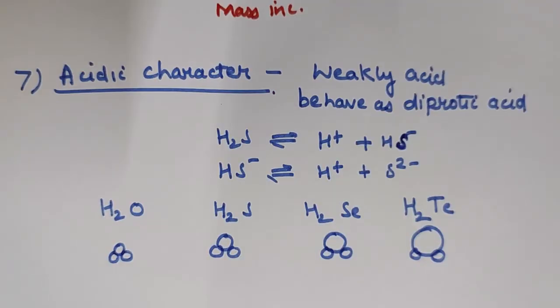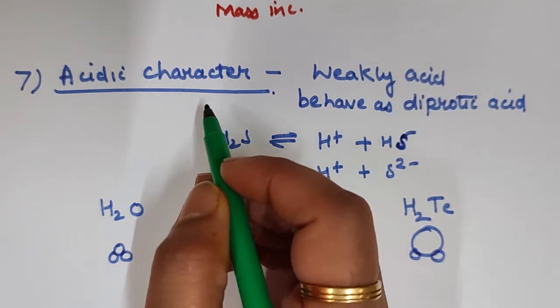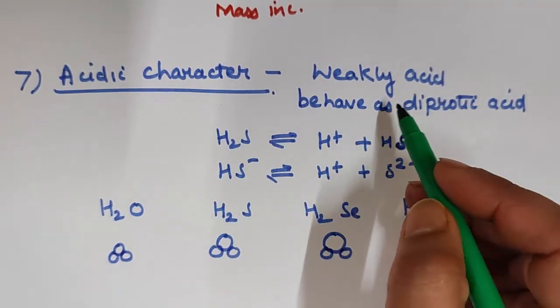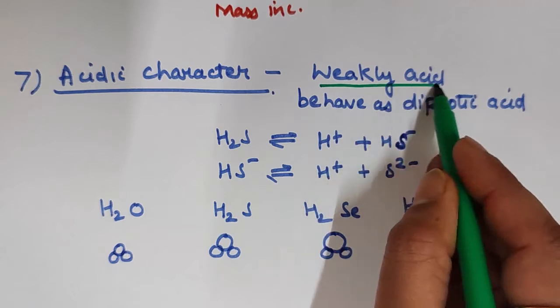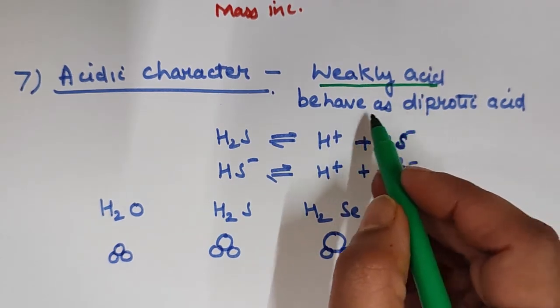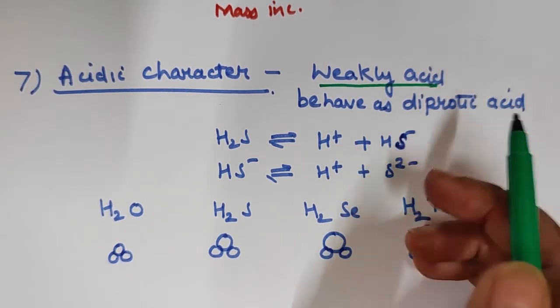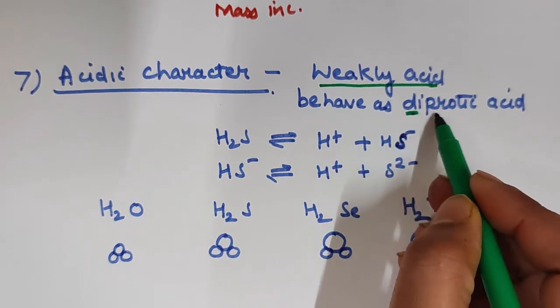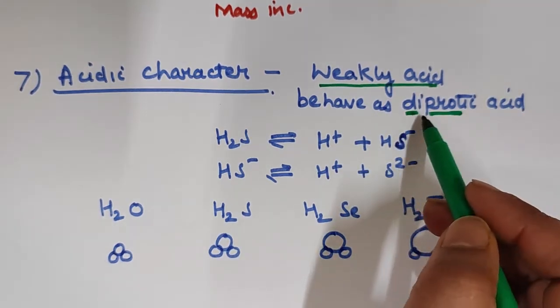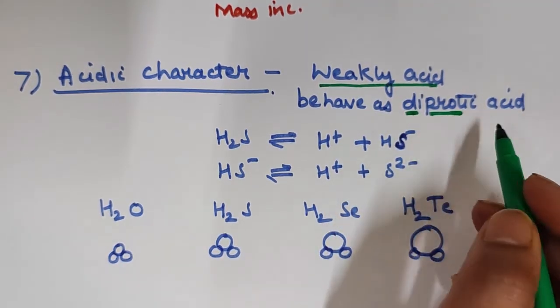The next property is acidic character. These hydrides are weakly acidic. They give two H positive ions, so they behave as a diprotic acid.